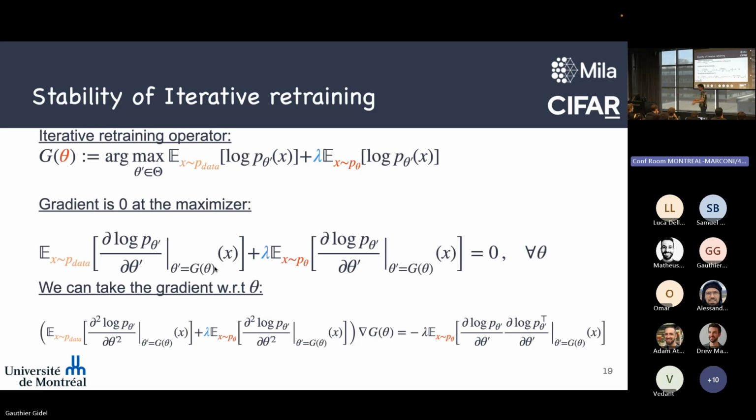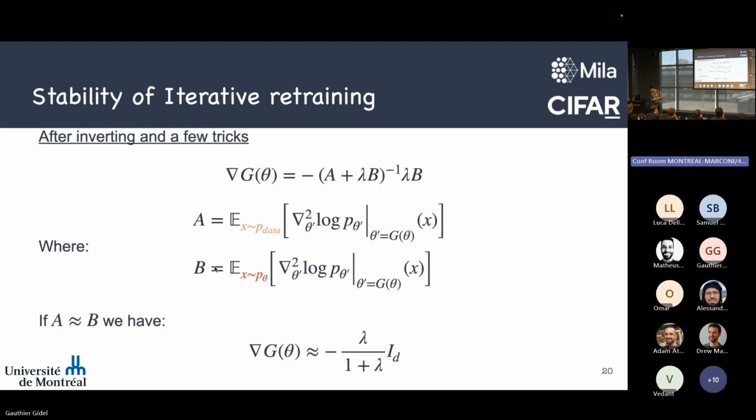Now it's the standard trick in implicit differentiation. We know this is true for all theta. So if I differentiate this equality with respect to theta, I will get, by the chain rule, this complicated equality. In particular, I get the differentiation through G because I know that this function is applied at G. If it was too fast, you can just trust me.